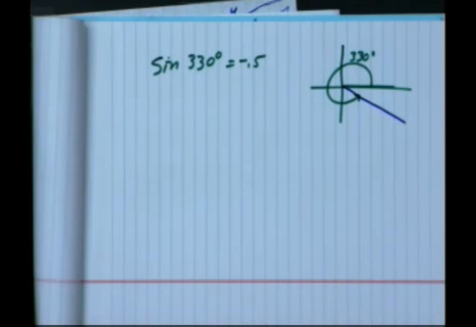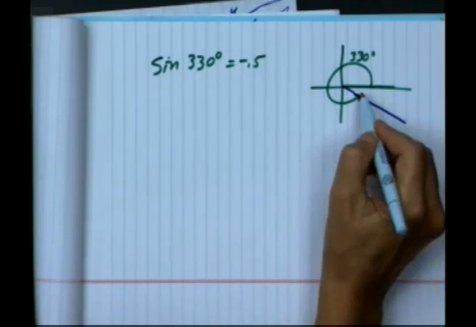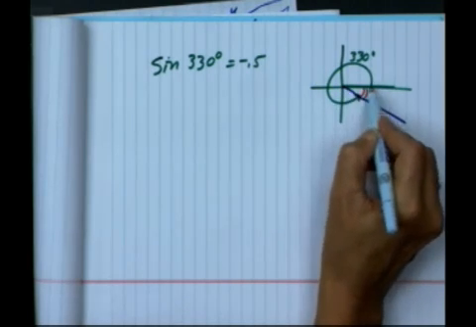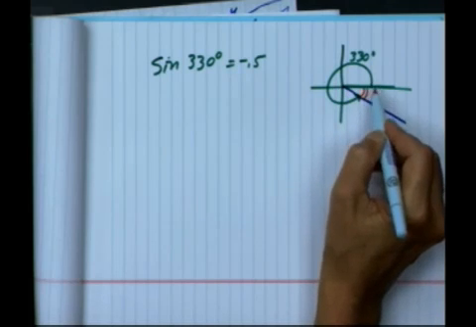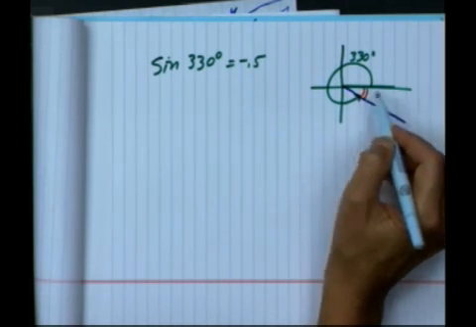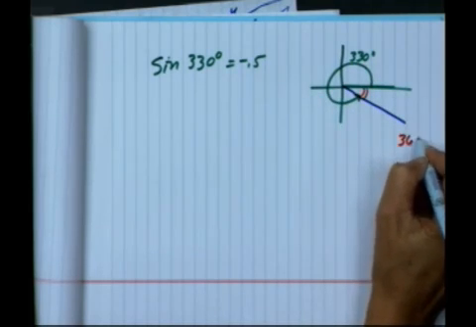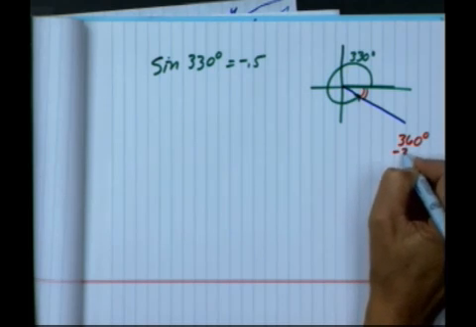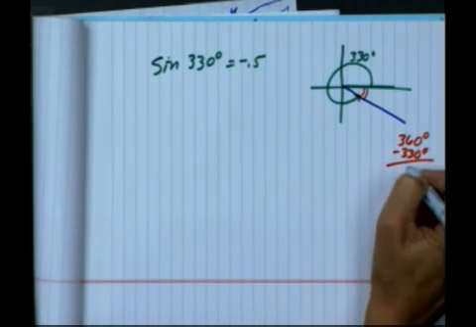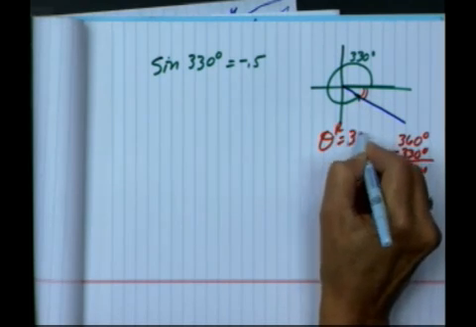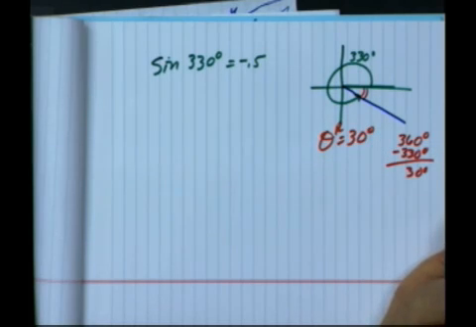All right, let's see where this is coming from. Here is my little reference angle, because a reference angle is an acute angle that's always with respect to the x-axis. So if you went all the way around, you would be at 360 degrees, but we're going to stop at 330 degrees. So the measure of your reference angle is 30 degrees.